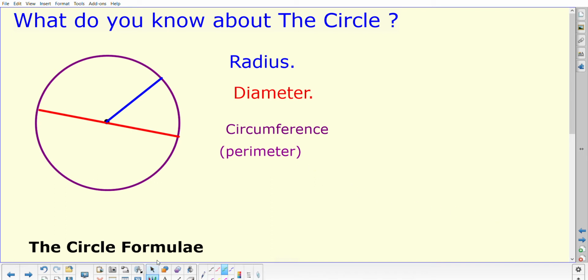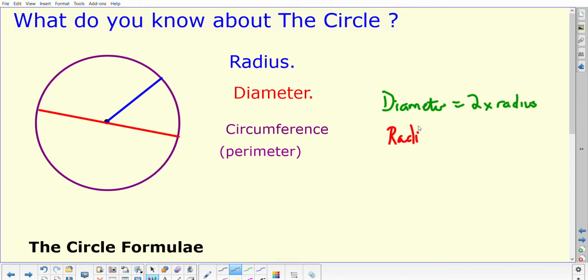You should know how these two things compare. You should know that the diameter is 2 times the radius, or another way of saying that is that your radius is half of the diameter. If you know one, you can easily work out the other. So those are the connections that you should be aware of.